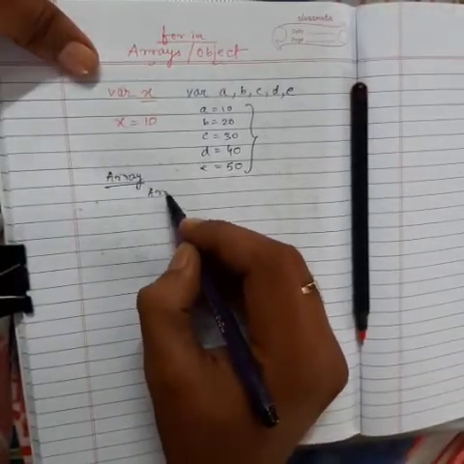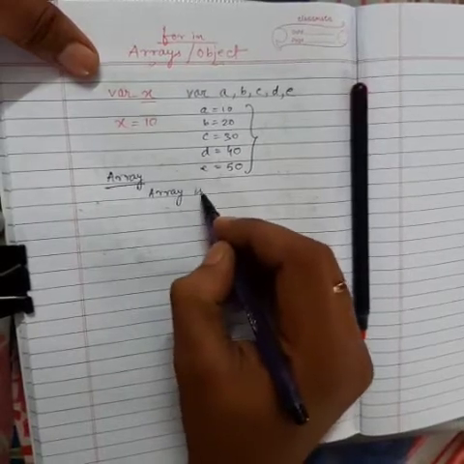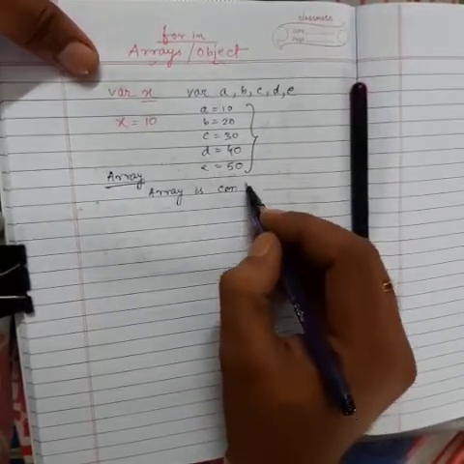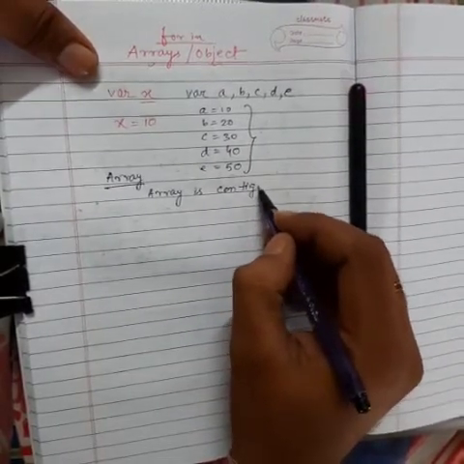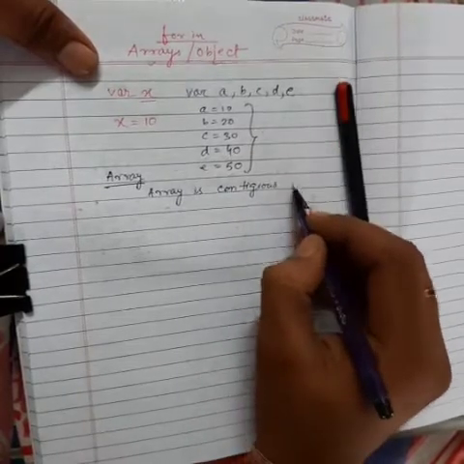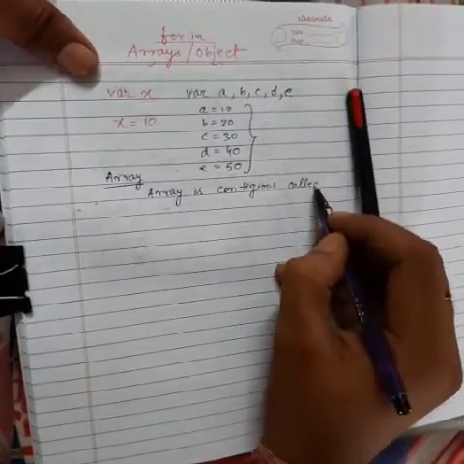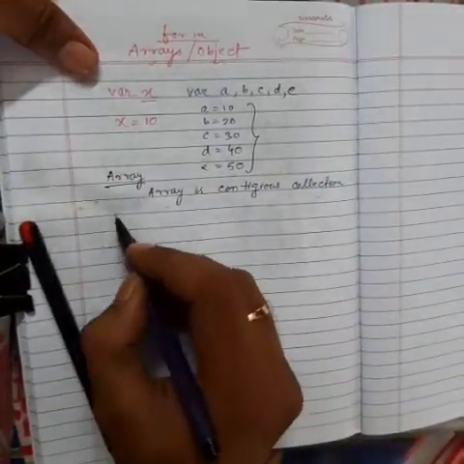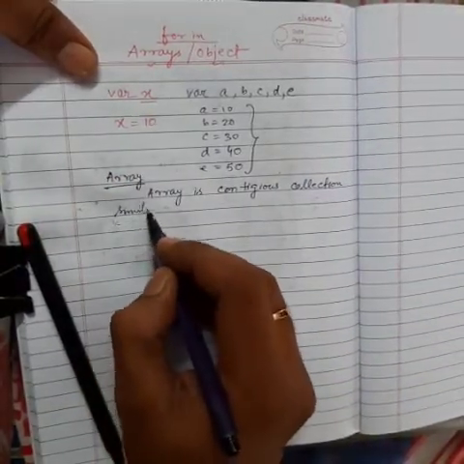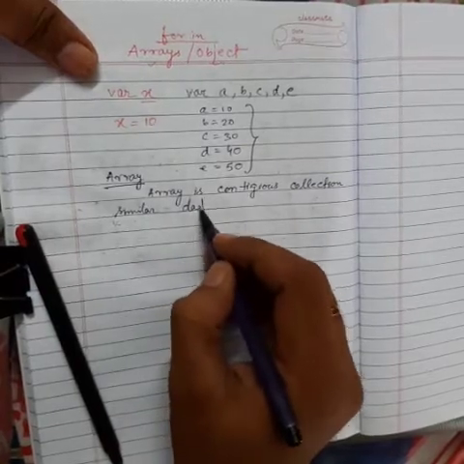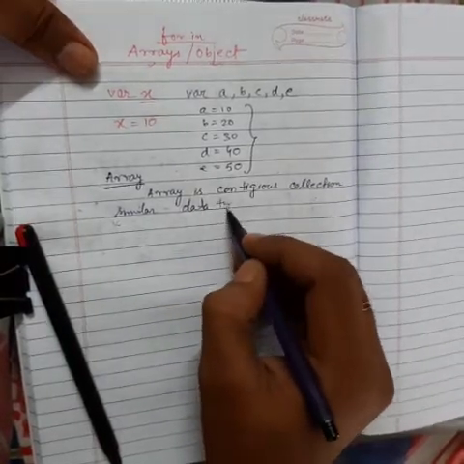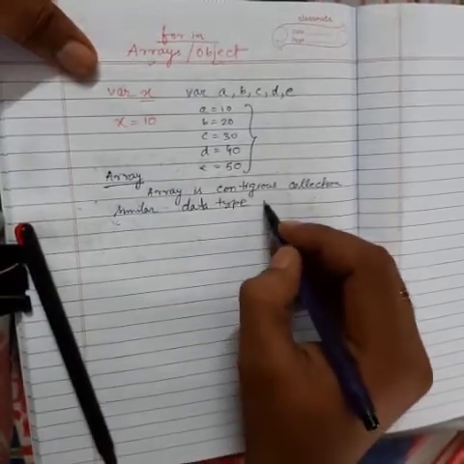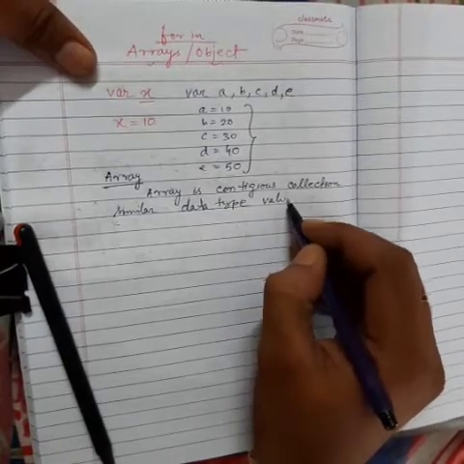An array is a contiguous collection of similar data type values only, we can say.